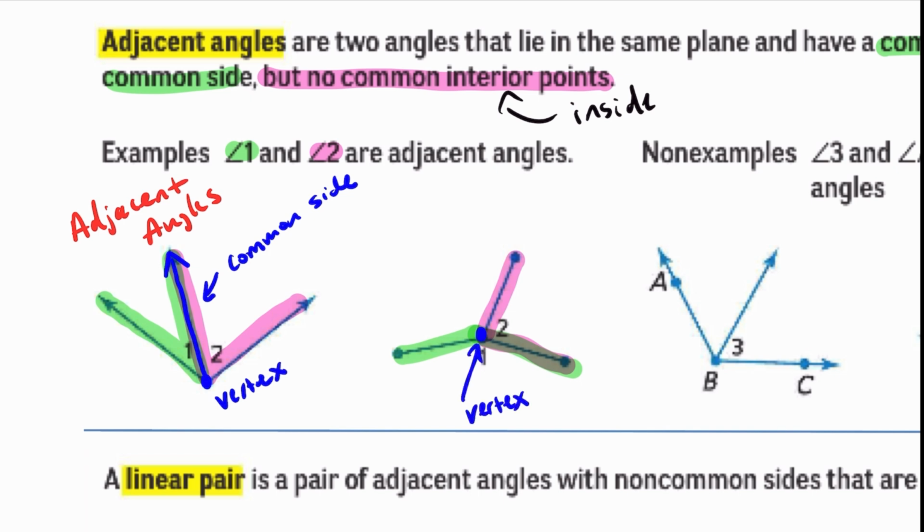And these two angles share a common side as well. Now, is angle 1 inside of angle 2? Nope. Is angle 2 inside of angle 1? No. So we can conclude that these two angles are also adjacent.